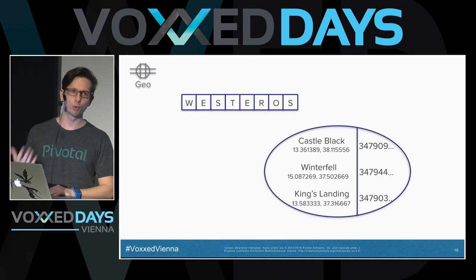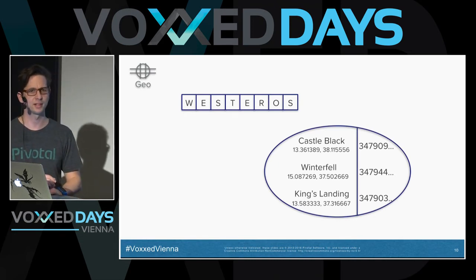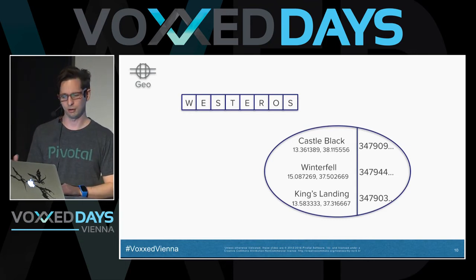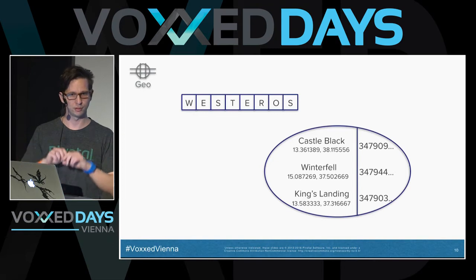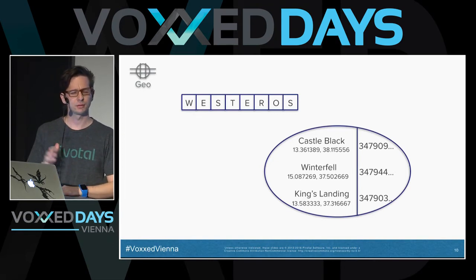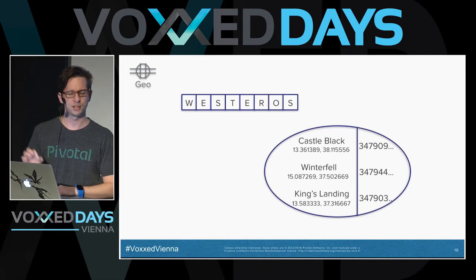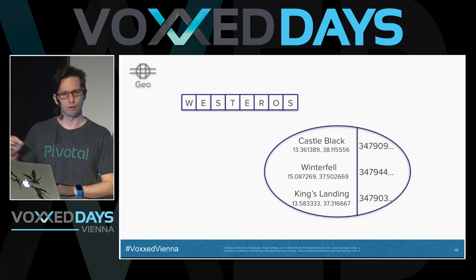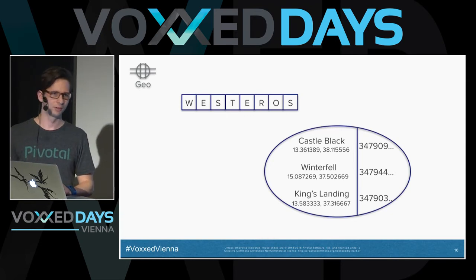The score we had before for the sorted set is calculated out of the even and odd bits of the geo position that you put into it. And I hope I don't get it wrong: the even bits make up the longitude and the odd bits are for the latitude.